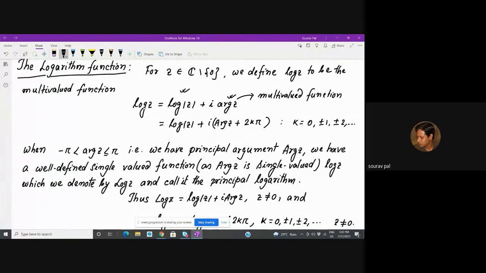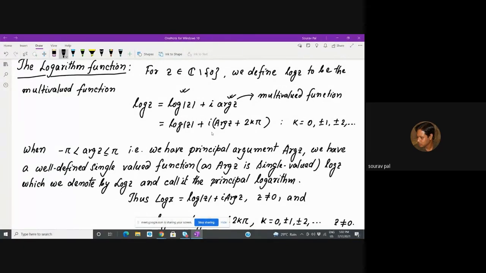So therefore, we have all values of log z this way, log mod z. This is real logarithm. We all know about it. And the rest part is i times this guy, where k runs over all the integers.